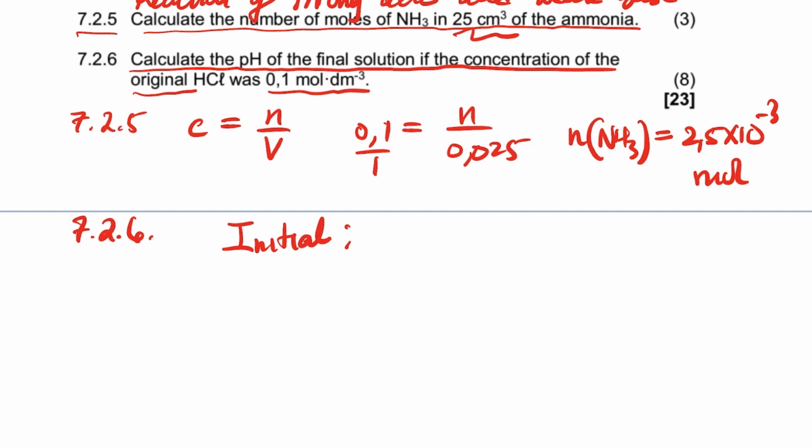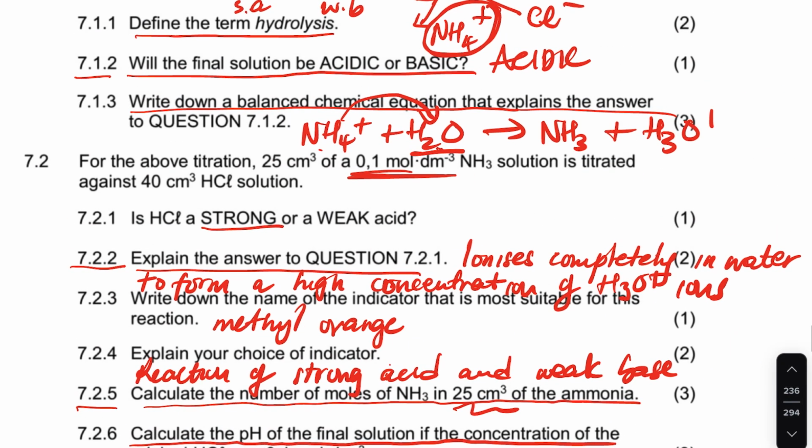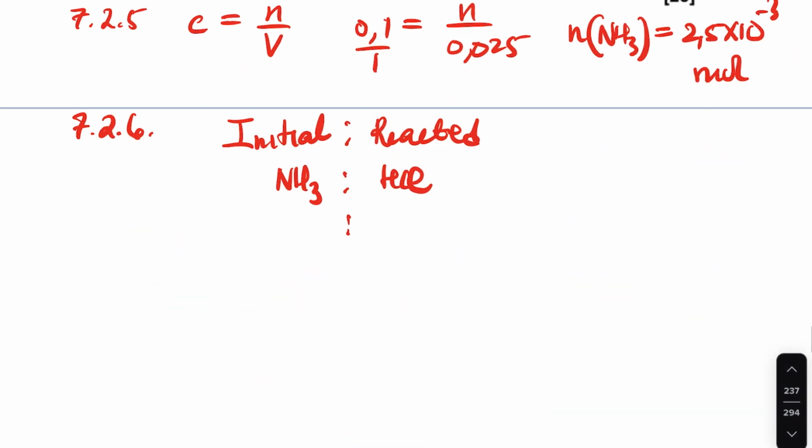We're going to use the ratio of initial to the amount reacted, right? So we're going to use the ratio of ammonia to HCl. What is the mole ratio between them? It is 1:1. So we're looking for the HCl. The ammonia is 2.5 times 10 to the power -3.